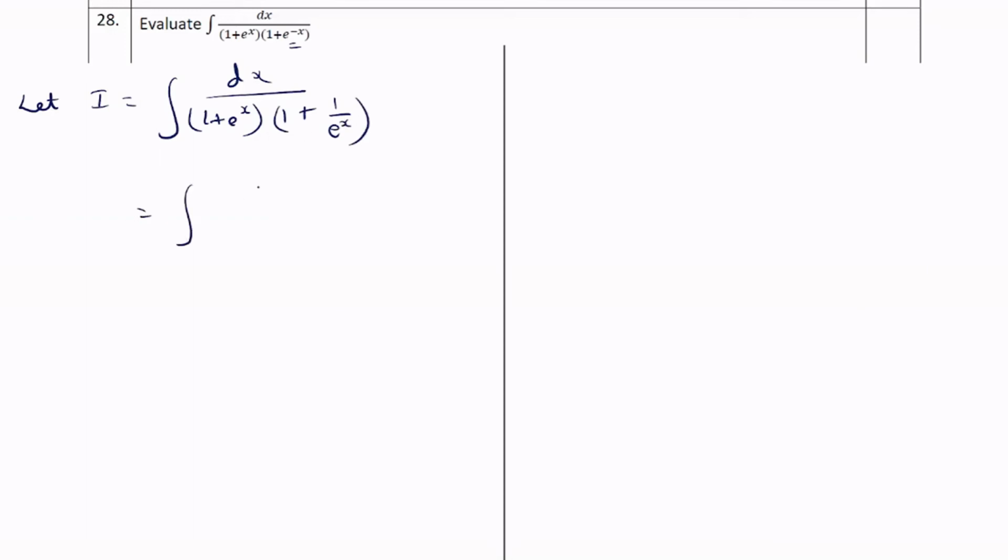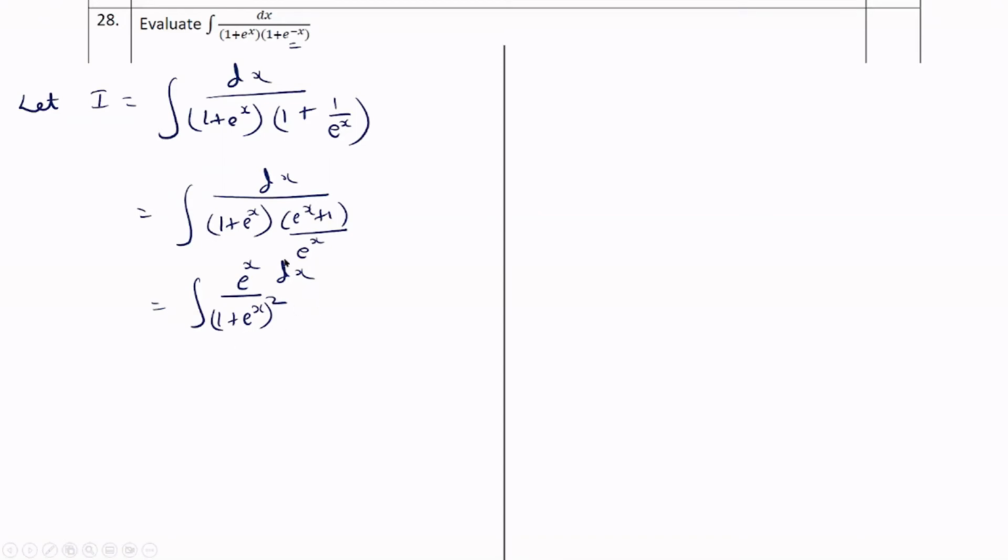So this is the integral dx upon (1 plus e raised to x) into (e raised to x plus 1 upon e raised to x). If we take the reciprocal, we get e raised to x dx upon (1 plus e raised to x) into (1 plus e raised to x). So it is (1 plus e raised to x) the whole square.